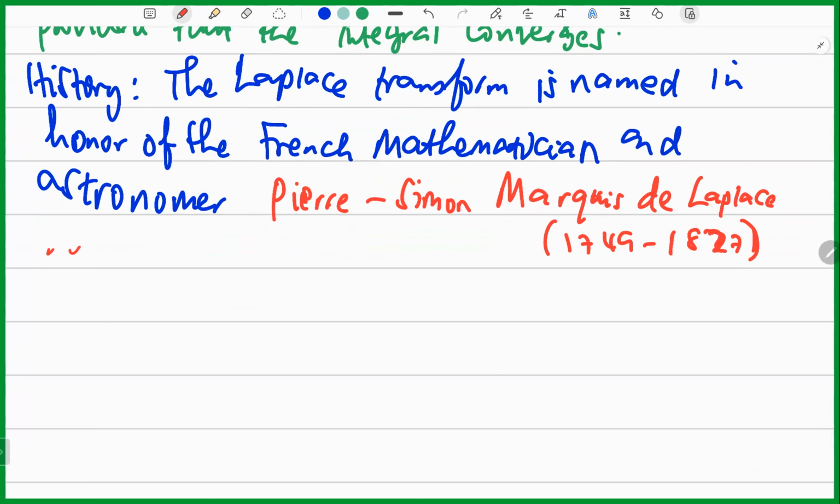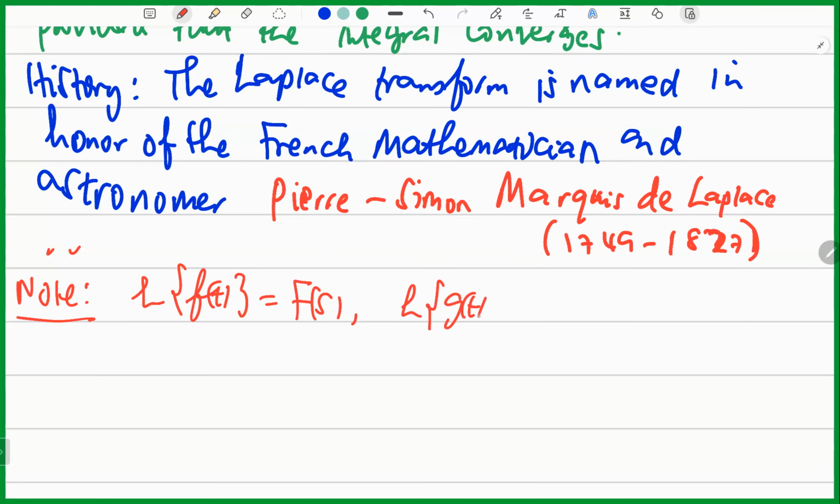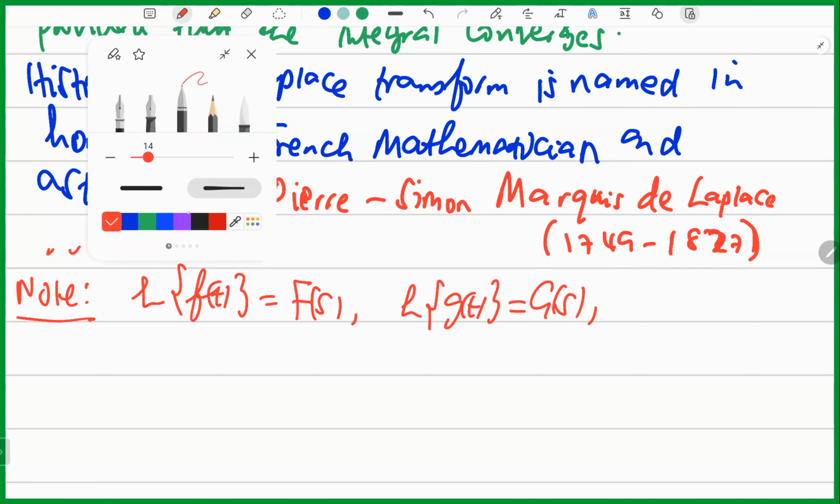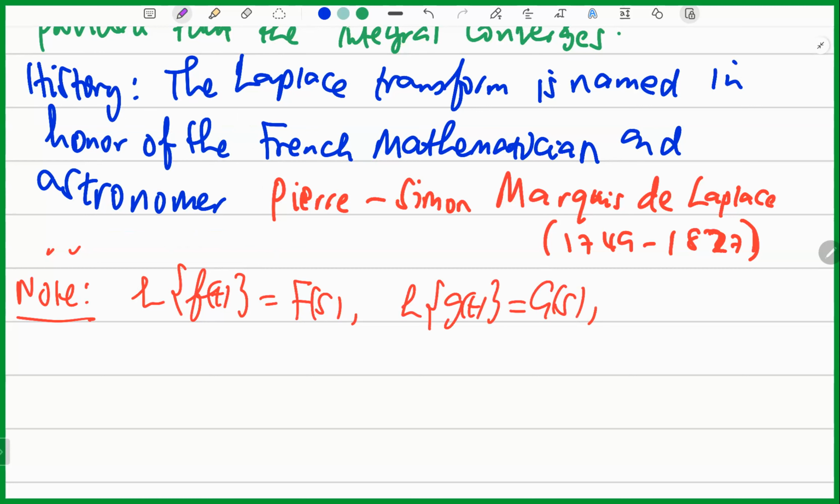Here comes a note that is very important: if you have the Laplace transform of a small f of t, it is F of s, and the Laplace transform of g of t is G of s. So we just make it capital.